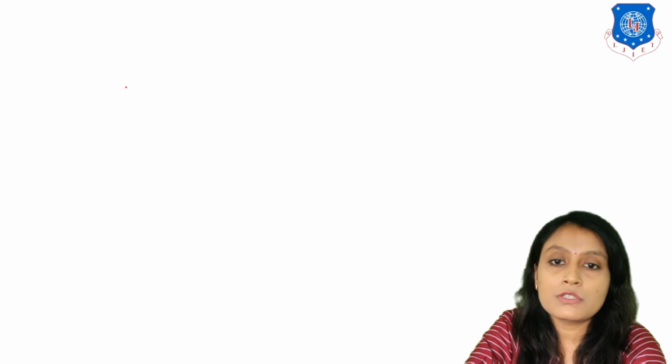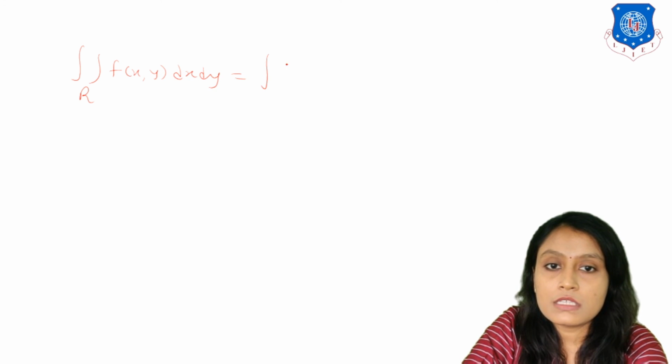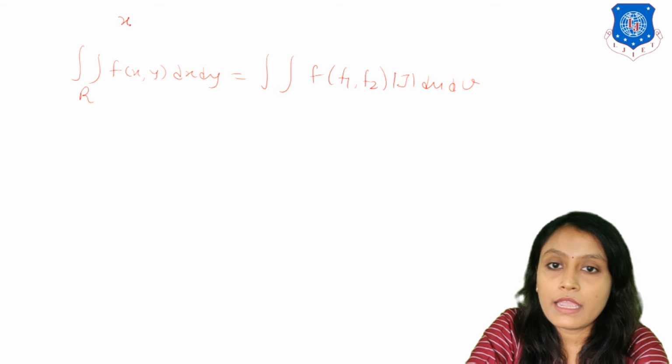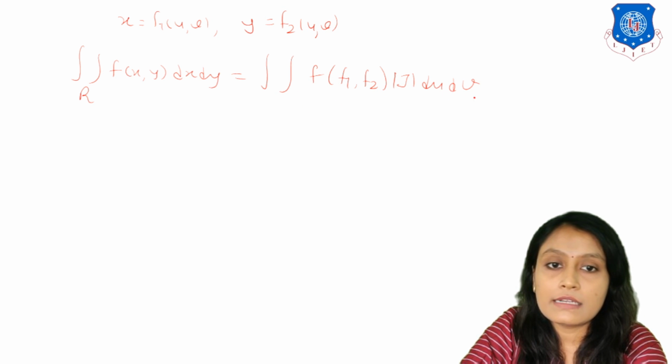So in today's session what we have studied is that we have given the integration over R of f(x, y) dx dy. So we will write this in the form of f(u, v) and |J| du dv. Here x and y are given in the form of u and v.